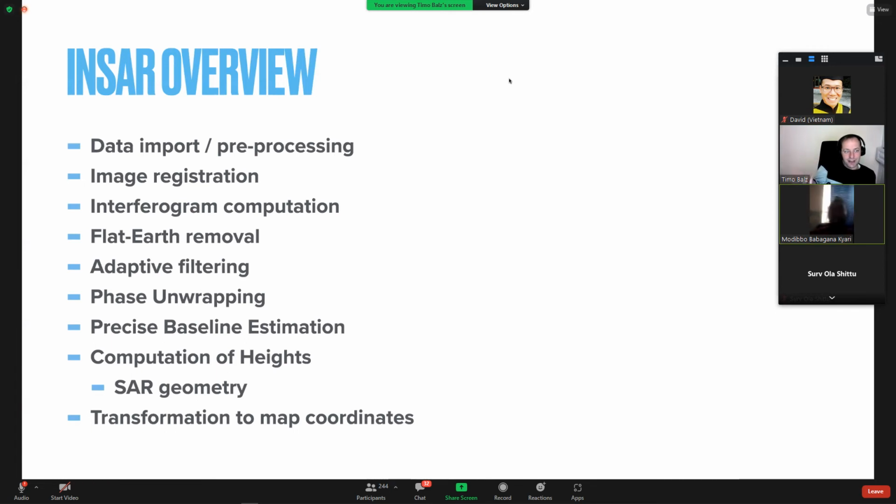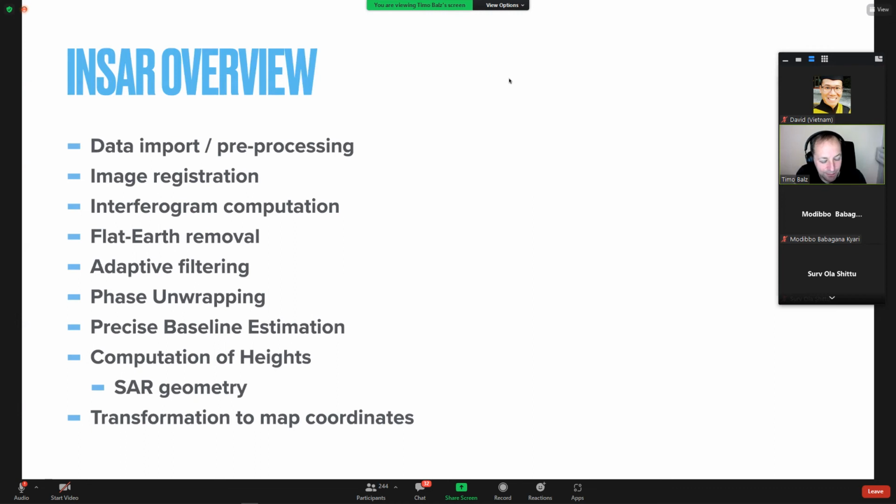We need to register the images together so that one image lies on top of the other. Then we calculate the interferogram. That's the easy part. It's just the phase from image 1 minus the phase from image 2. Then we need to remove the flat Earth component, I will explain what that means. Then we can do some filtering.